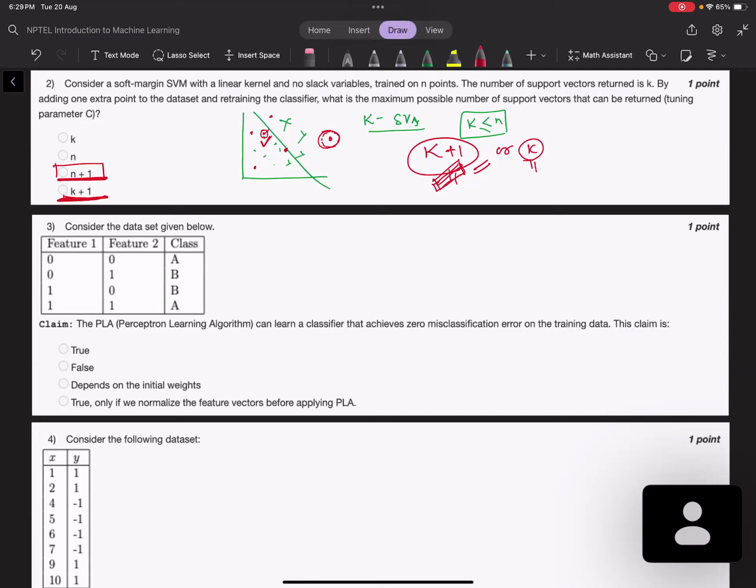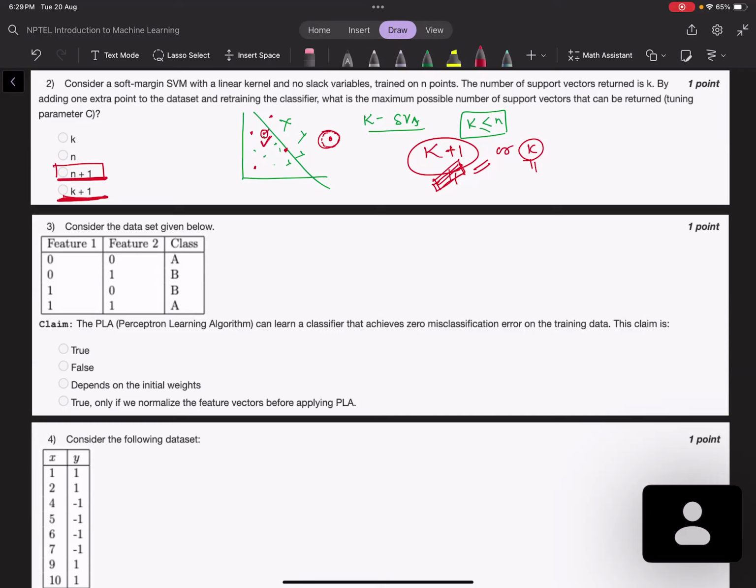C, depends on the initial weights. Sir, in the perceptron algorithm, randomly we choose the weights, no, sir? So it can depend on initial weights, in order to update the weights and remove the misclassification error. So you said it's false? Yeah, it will be false.